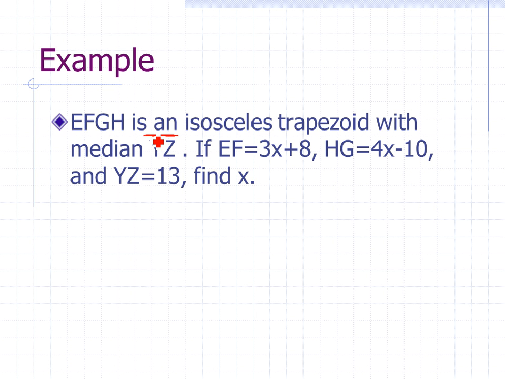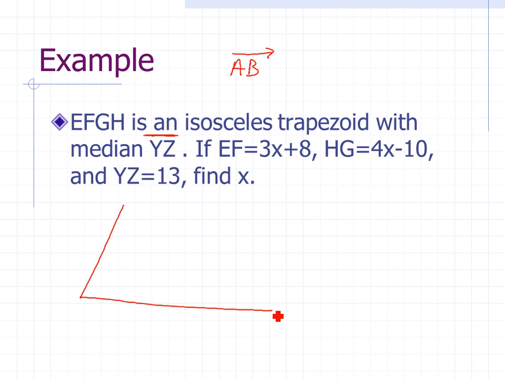What are the other things that we name with 2 letters other than segments? Lines and rays, all right? Can you measure a line or a ray? No, so if we're giving this a measure, we know it's gotta be a segment.